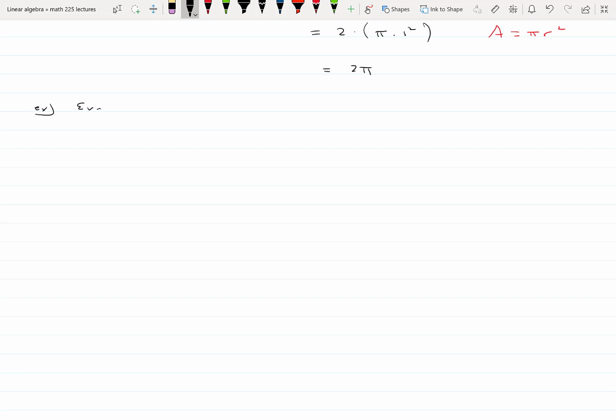Let's evaluate the integral along the curve C oriented in a positive direction, that's what that symbol means, of the square root of 1 plus x cubed dx plus 2xy dy.